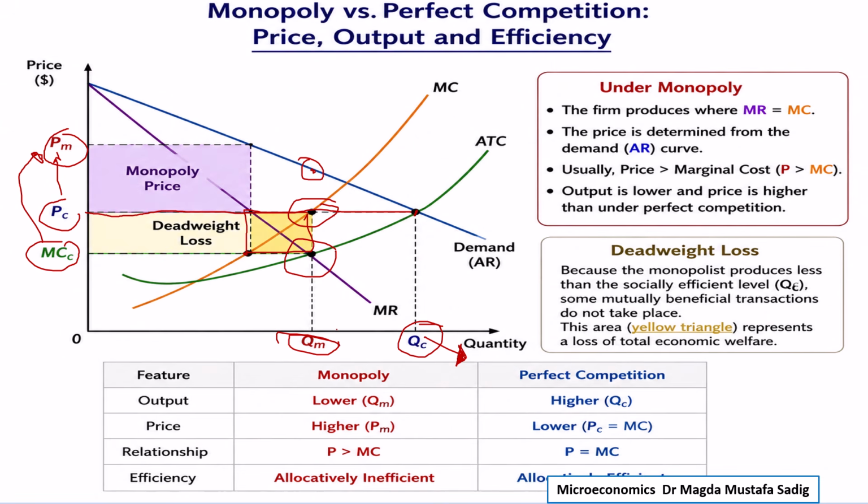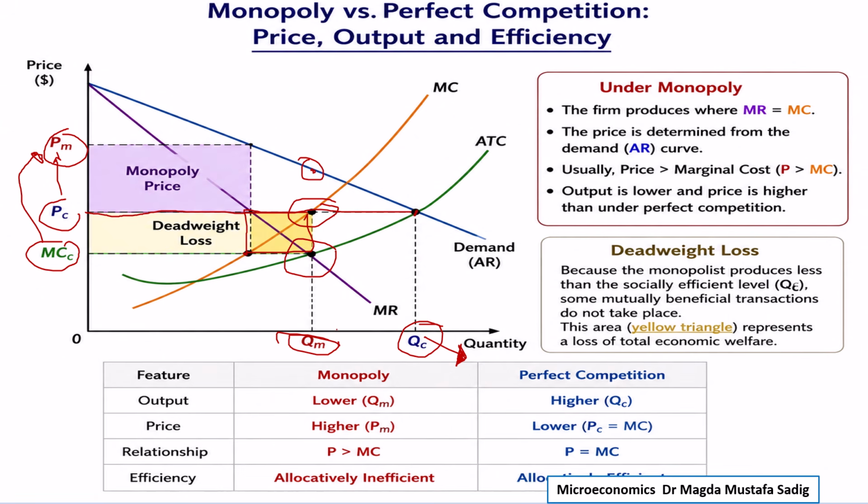However, because the monopolist restricts output, these transactions do not occur. The result is a loss of potential economic welfare. This lost welfare is called deadweight loss. Therefore, the deadweight loss represents a loss of total economic welfare.